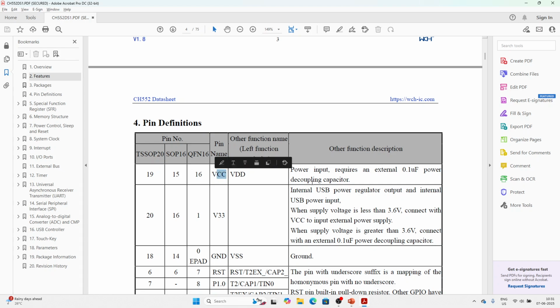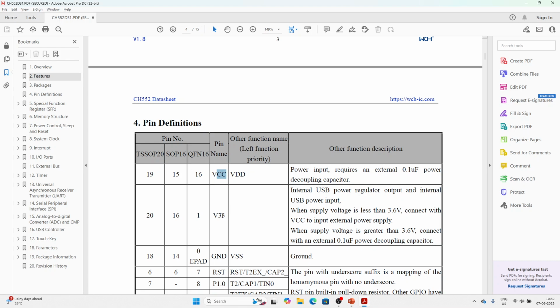VCC, power input requires an external 1 microfarad power decoupling capacitor. So as a rule of thumb, if we are supplying 5 volts, I would go at least 3 times that particular voltage, right? If it is 5 volts, at least 15 volts, 0.1 microfarad capacitor, or even higher, like 50 volts, 0.1 microfarad capacitor.